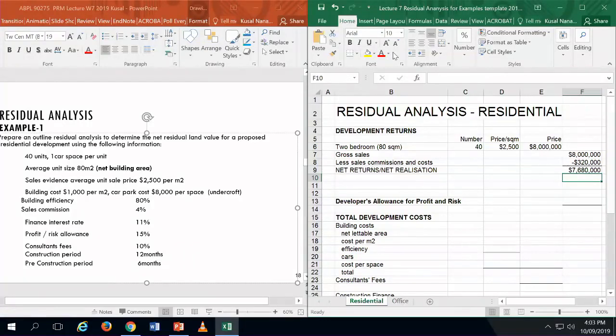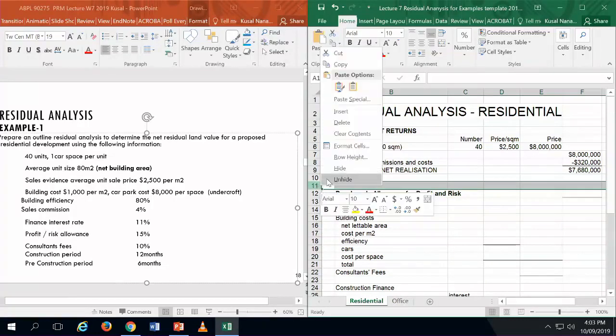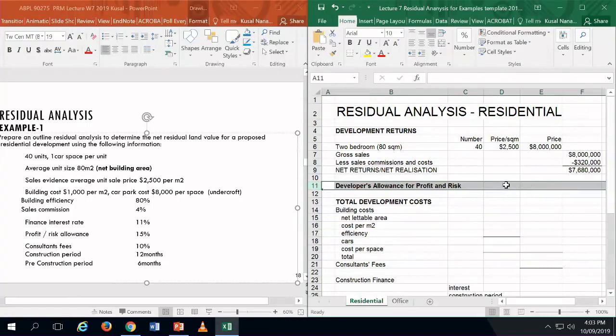Right. So now, developers' profit or return on their risk. How much is that? 20%? Is it 20%? 15%. How do you calculate the 15% of profit margin?